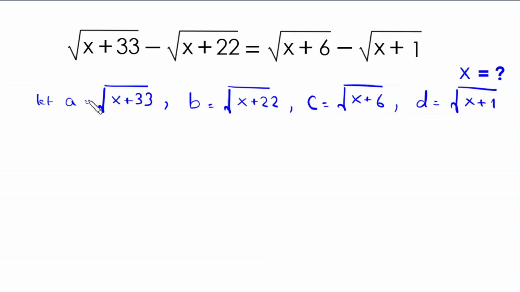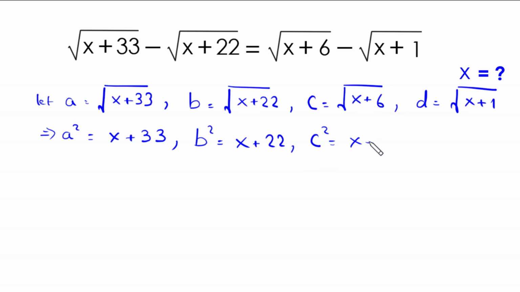If we square both sides, this implies that a squared equals x plus 33, b squared equals x plus 22, c squared equals x plus 6, and d squared equals x plus 1.